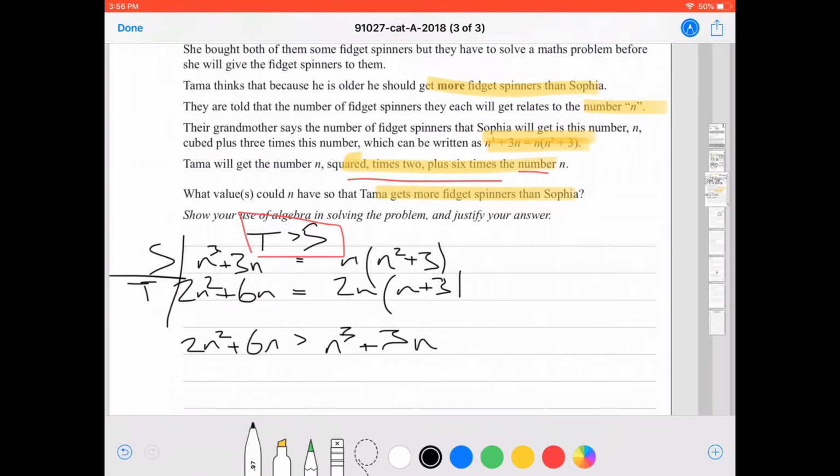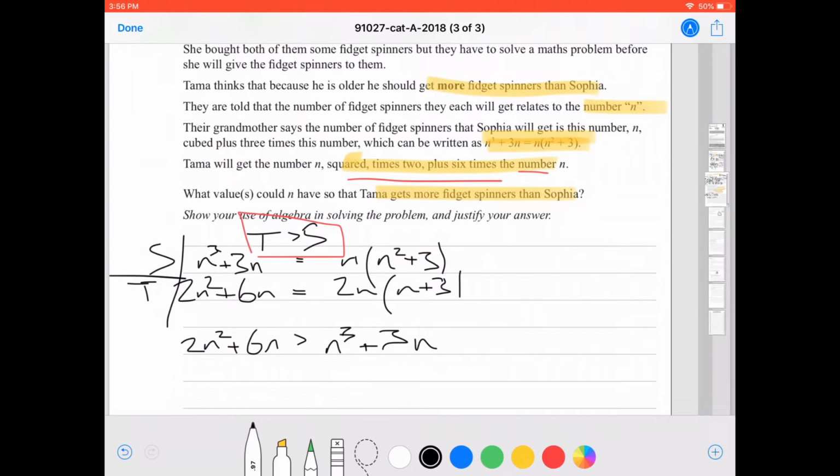We don't work with n cubed in MCAT, at least not as far as I can remember. That would be difficult. We can use our factorized forms. We'll probably find ourselves a quadratic and solve for n like that.